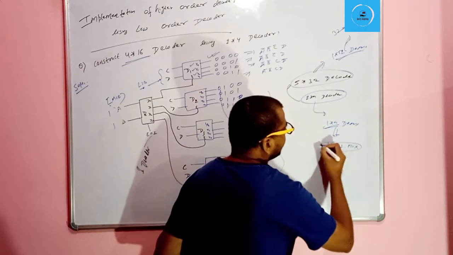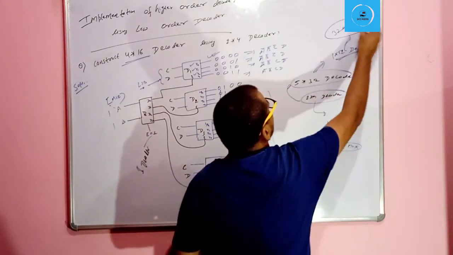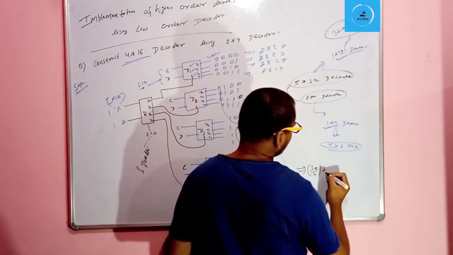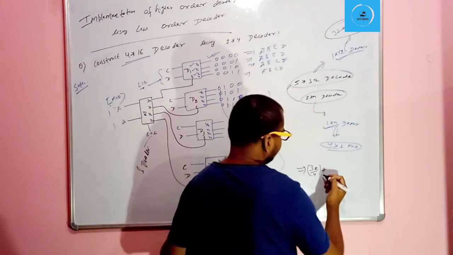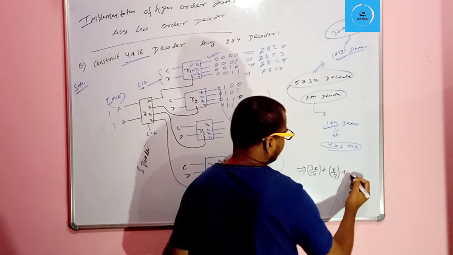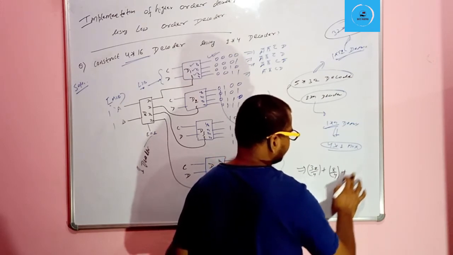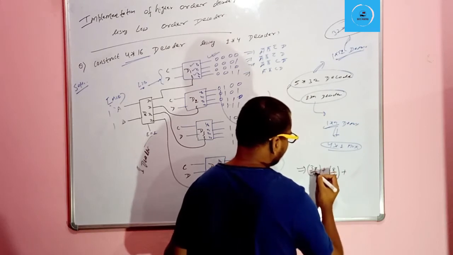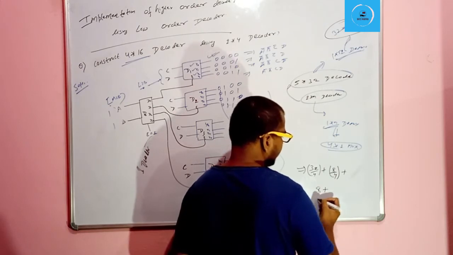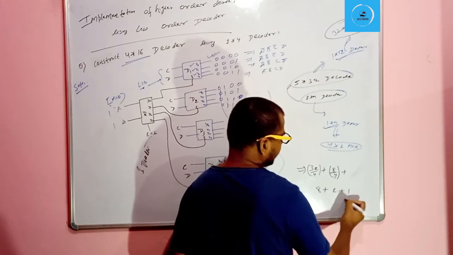Okay, so how many 4 to 1 mux are required to construct the 32 to 1 mux? So here we require 32 divided by 4 plus 8 divided by 4, so 8 mux here required and 2 mux here required, and plus 1 mux here required.